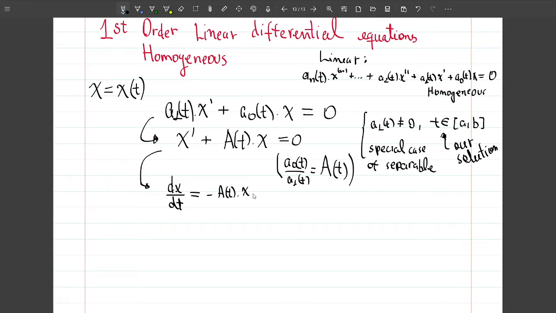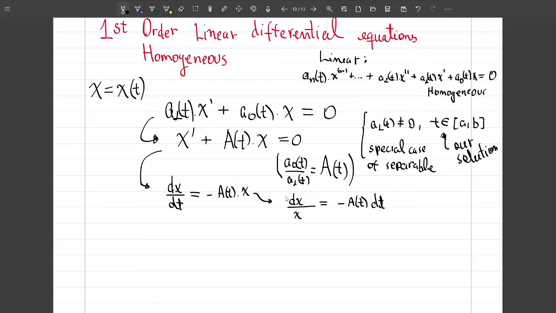We call it a separable equation because we can put the variable x on the left side, and on the right side we only have the independent variable t. Just pass the x dividing.